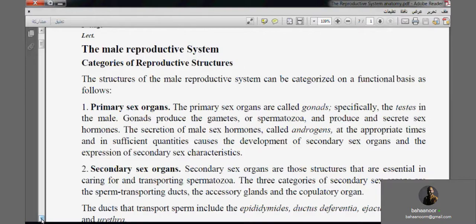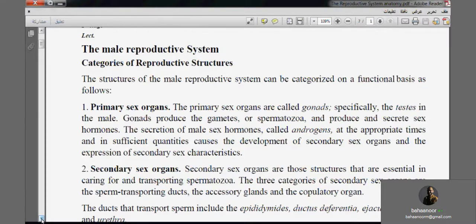هذه السكس هرمون بكميات معينة في وقت معين during development of a human body راح تطور لنا secondary sex organs و expression of secondary sex characteristics for the gender، اللي هو موضوعنا الميل gender أو male reproductive system.